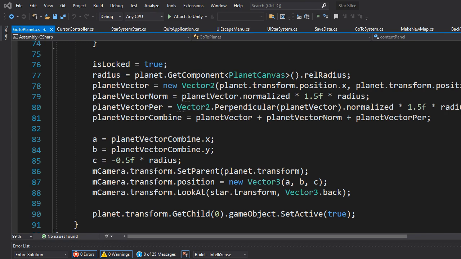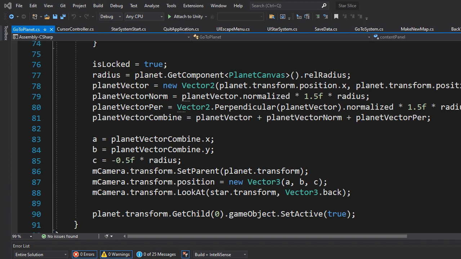Alright, so upon further review, I've realized that what I drew wasn't inaccurate, and it's not useless, but it's not what I actually did. But what I did was kind of clever now that I'm looking at it. So what I said was we need to keep in mind three things. We need to know the star's position, the planet's position, and then the camera's position, or where we want to place the camera. Well, the cool part is we already know the star's position.